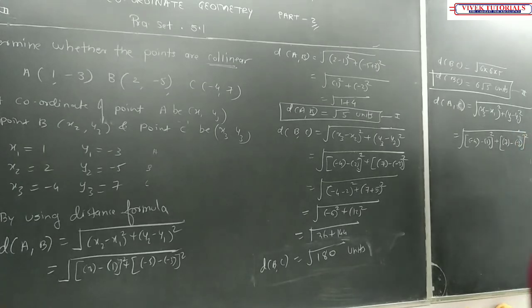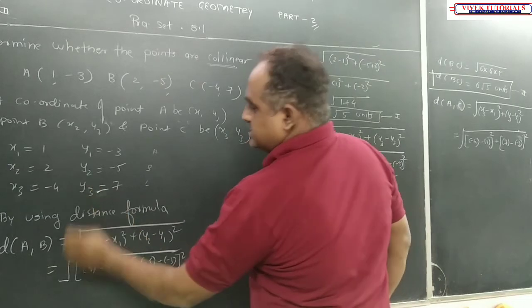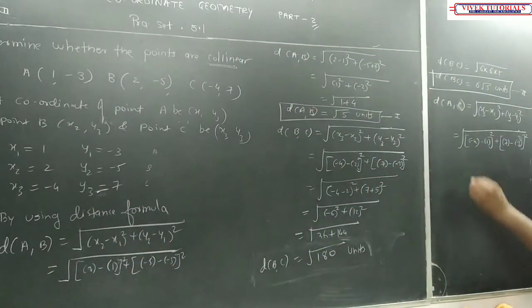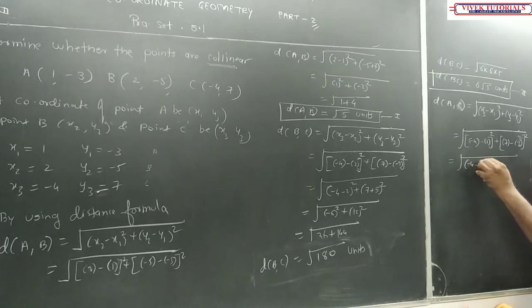You got it? This is 7 and -3. So what you are getting is (-4 minus 1) the whole square and (7 plus 3) the whole square. We are getting -5 square plus 10 square.